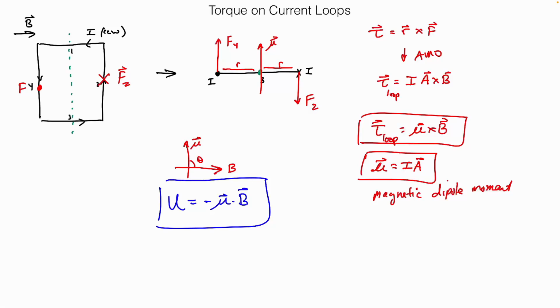So when mu and B are lined up, you have the greatest potential energy. But more importantly, what's going to happen if we let the loop go? It's going to feel this torque, and it's going to rotate. In fact, this one is going to rotate this way.